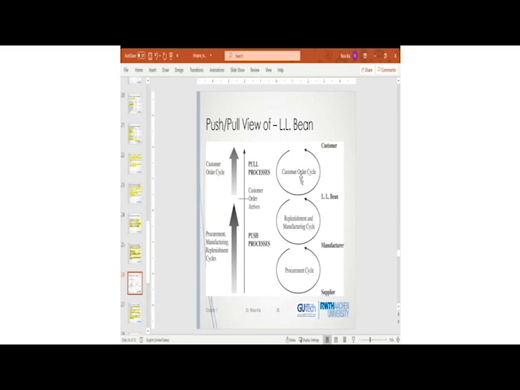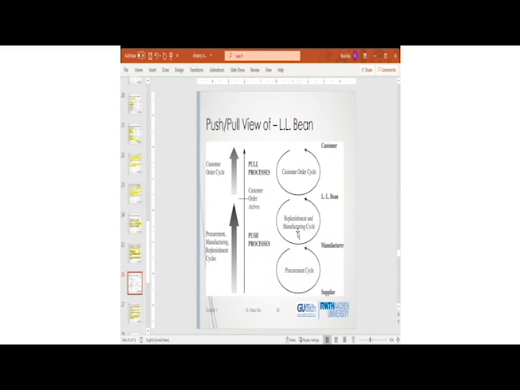So you see in the customer cycle, as we are waiting for the customer demand, this cycle is a pull process.